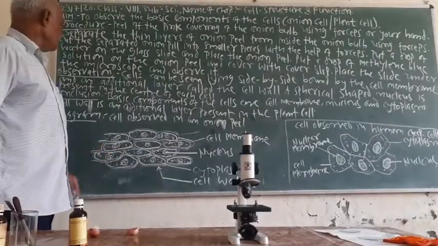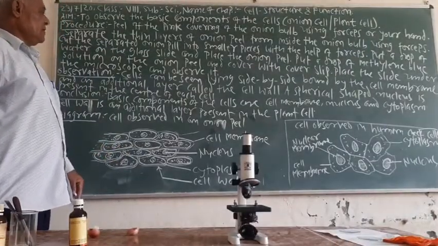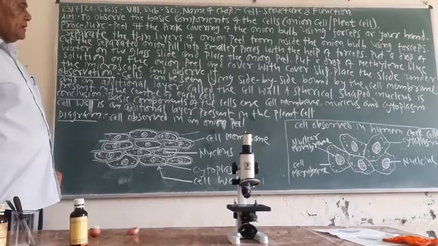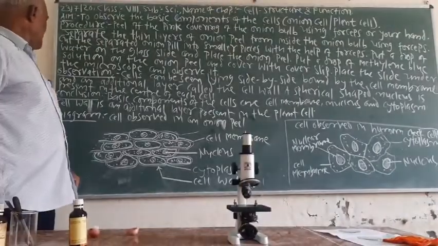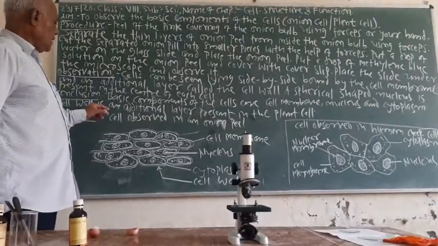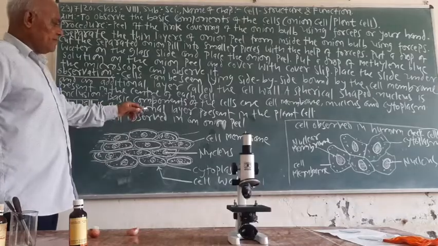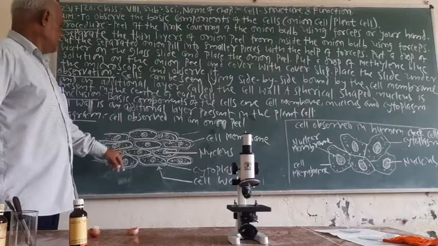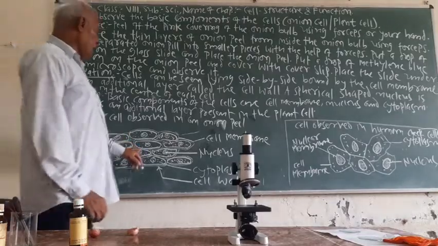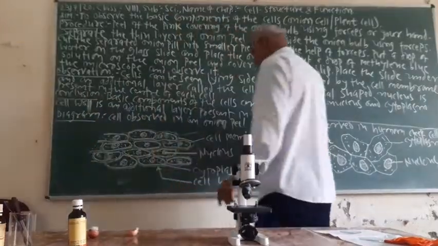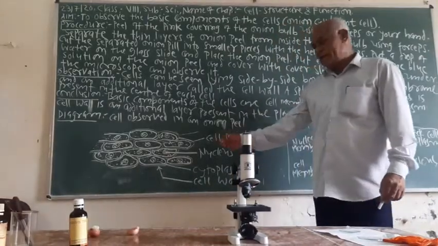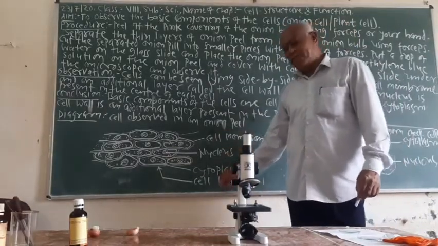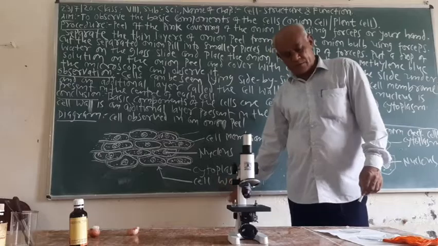In addition to this, one more component, the cell wall, is an additional layer present in the plant cell. The diagram is given here. This is the cell membrane, nucleus, cytoplasm and cell wall.